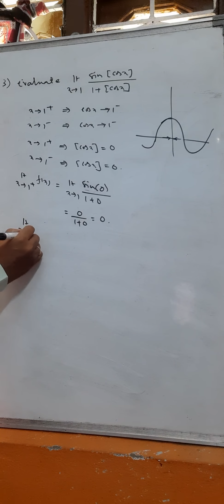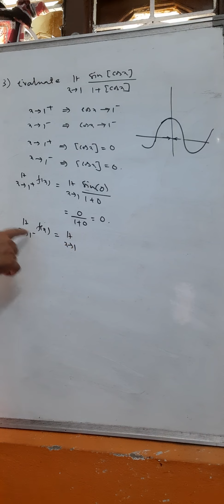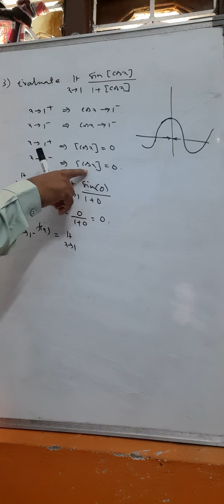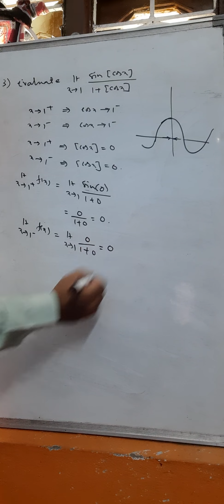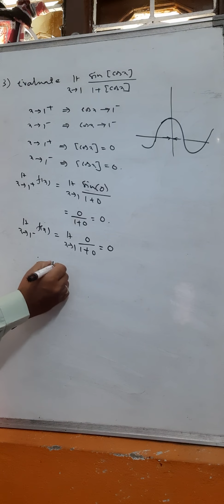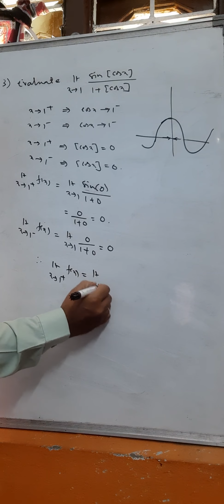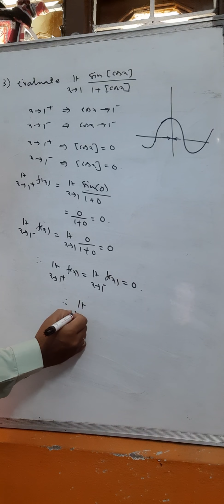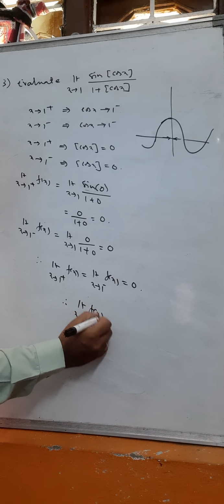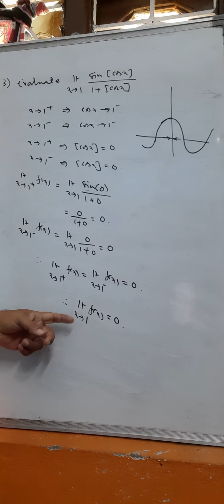Limit x tends to 1 minus f of x: if x is tending to 1 minus, then the step of cos x equals 0, so 0 by 1 plus 0, that is equal to 0. Therefore limit x tends to 1 plus f of x is equal to limit x tends to 1 minus f of x, equal to 0. So limit x tends to 1 f of x is equal to 0. So the limit exists and is equal to 0.